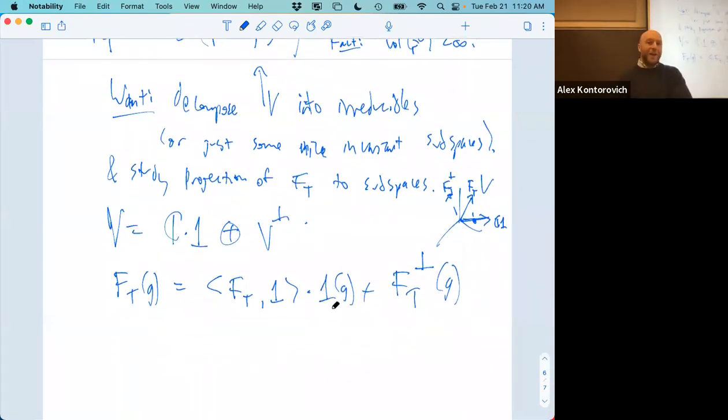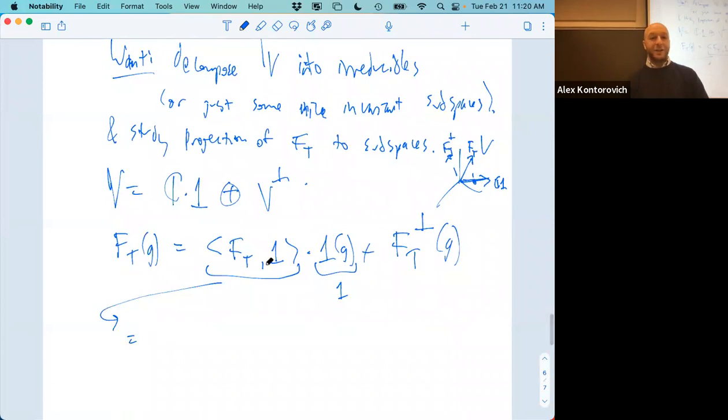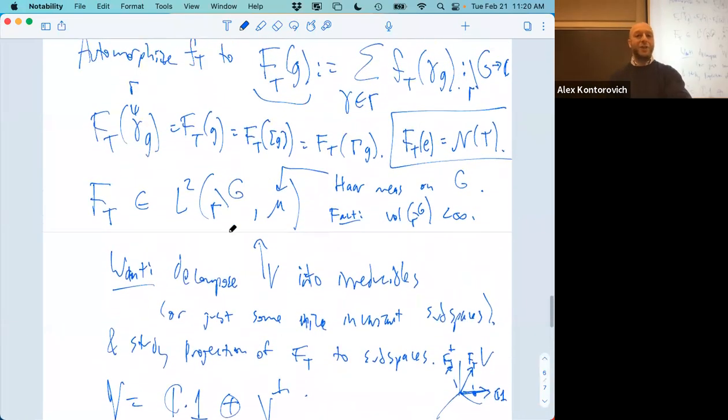Now 1 on any element of the group evaluates to 1. What is this inner product? Let's work out this inner product. This is the inner product in the space L2 of G mod gamma.